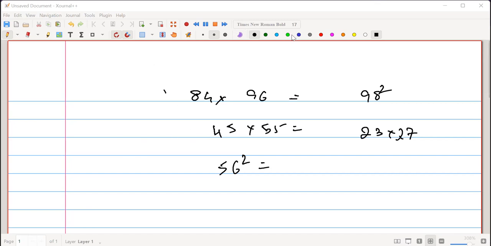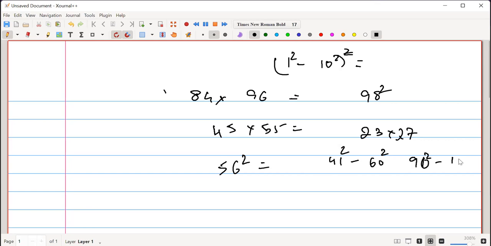If you know 1 to 10 square, you can easily write answers for 41 to 60 square, and 91 square to 110 square.